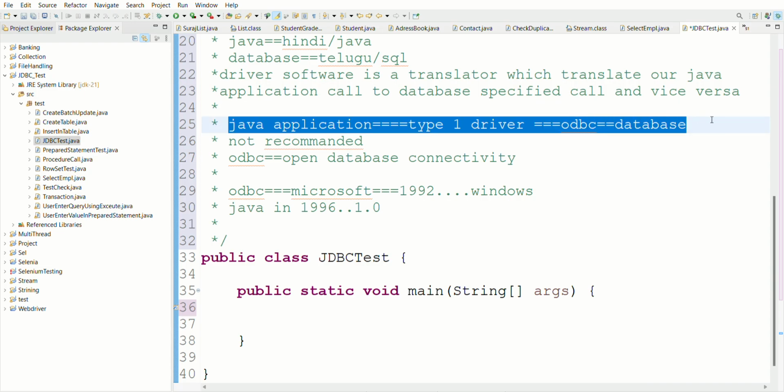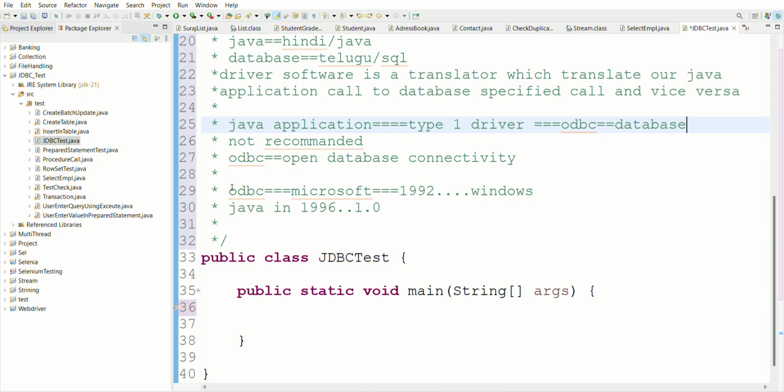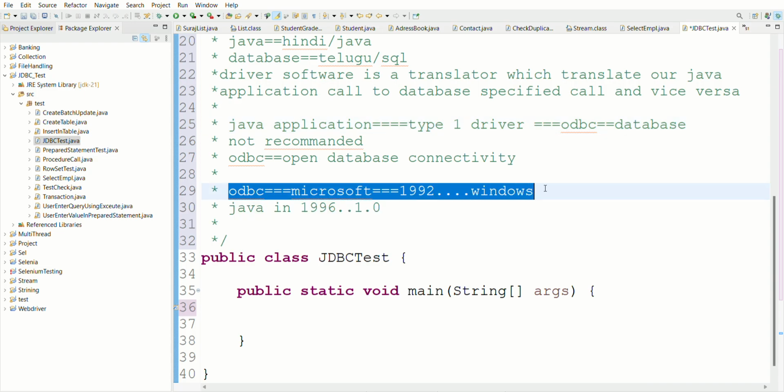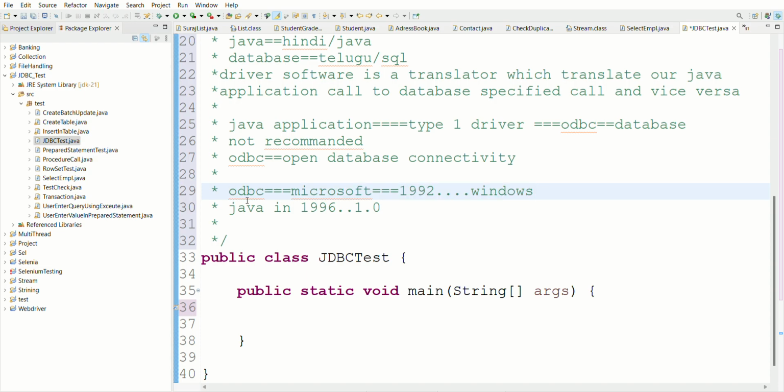Other operating systems are not supported by this, because ODBC was given by Microsoft, and Microsoft has given the Windows operating system. So for publicity, Microsoft said that if you want to use ODBC, then you must use the Windows operating system, so that Windows may become much more popular. That's why he has given all of these things.